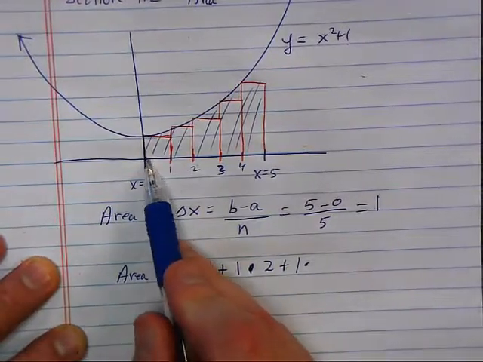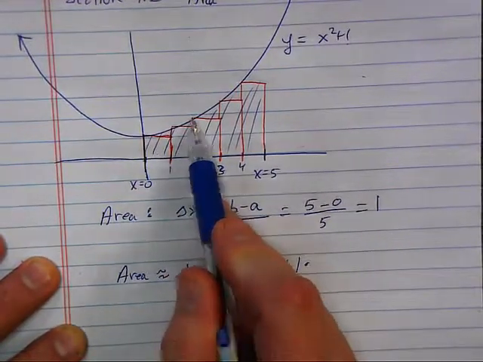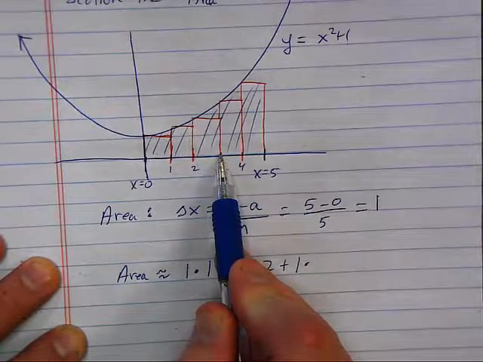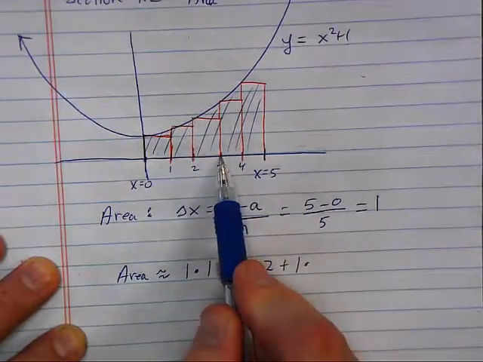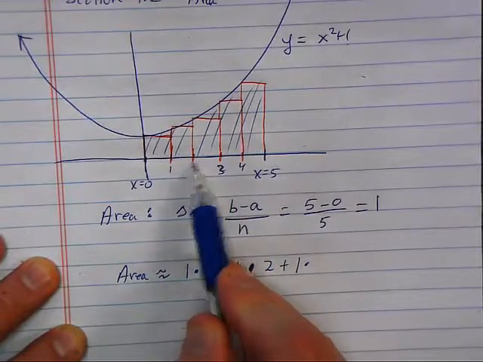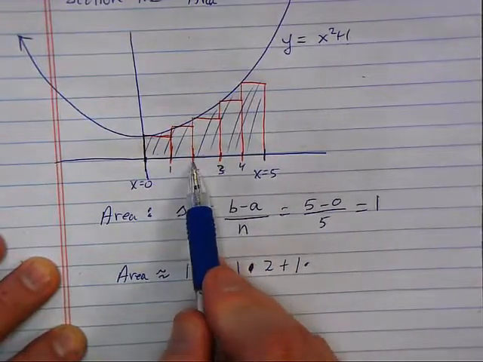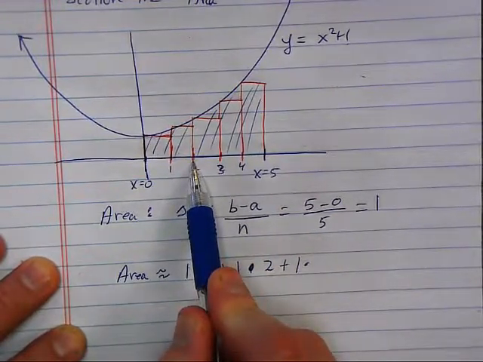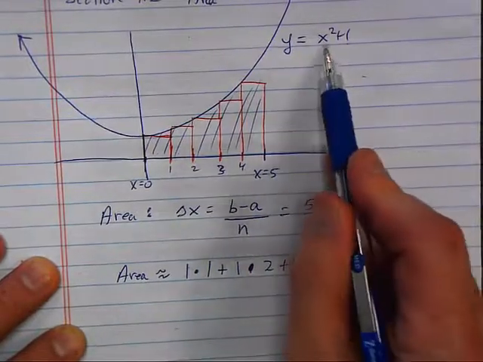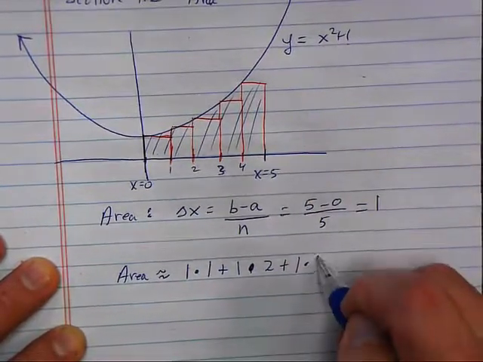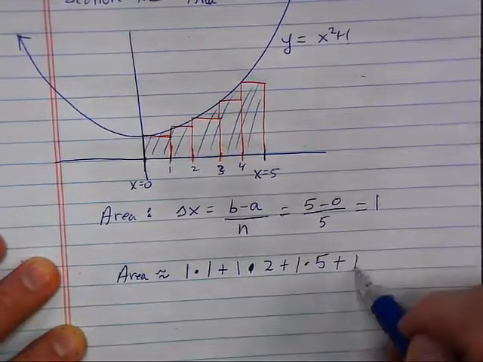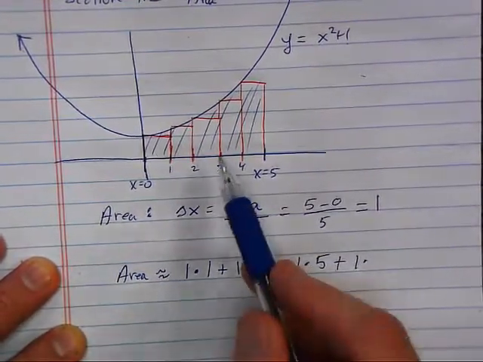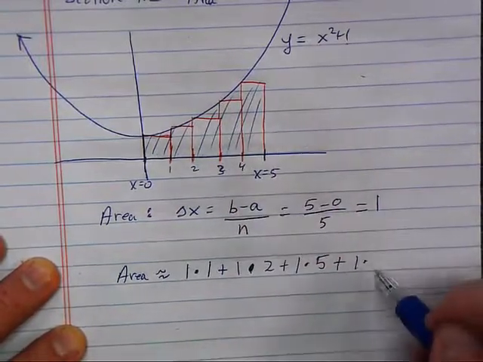let's see, third rectangle, 1, 2, 3. How tall is the third rectangle? For the third rectangle, what number do I plug in? I plug in 2. If I plug in 2, I get 5. Plus, rectangle number 4 is 1 by 10, because now I plug in 3.